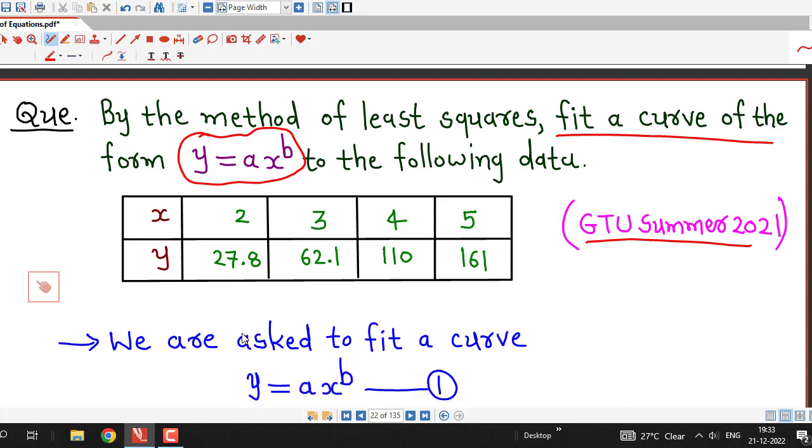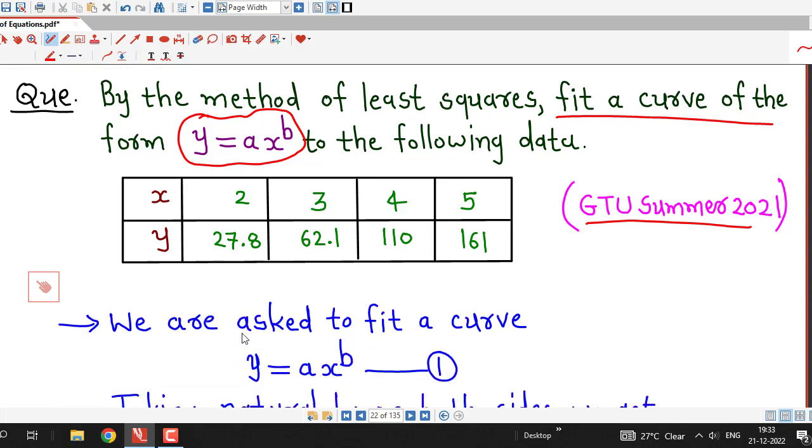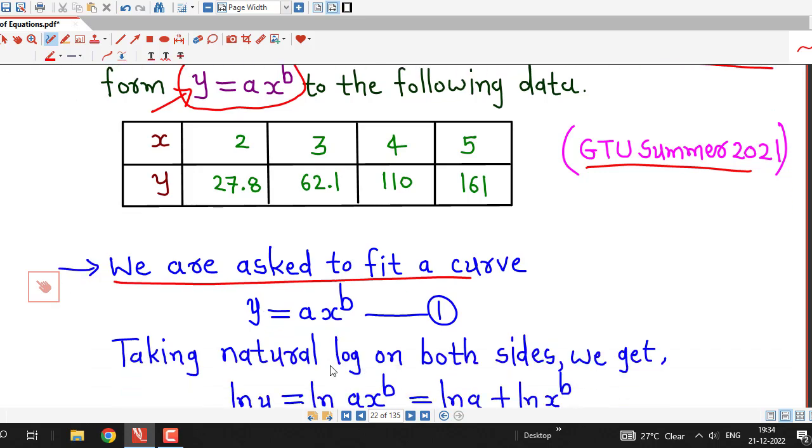So first we have to write down how we are transforming our curve from power function to the straight line. So here I have written, we are asked to fit a curve y equal to a times x raised to b. Now taking natural log on both sides. Here I am taking logarithm to the base e, that is natural logarithm, so that we can denote by ln y also.